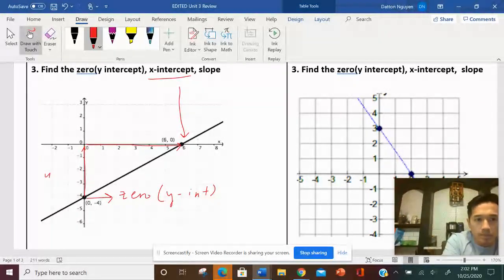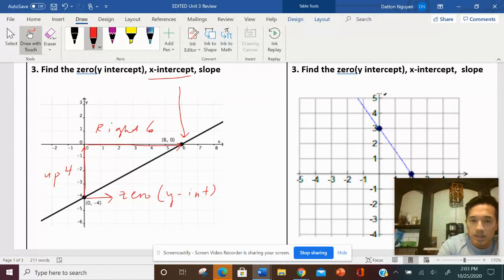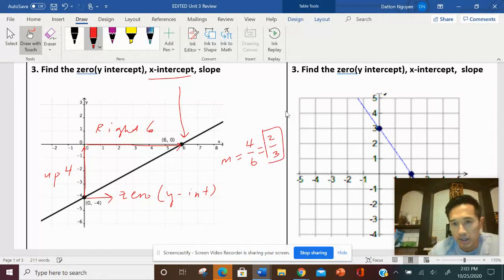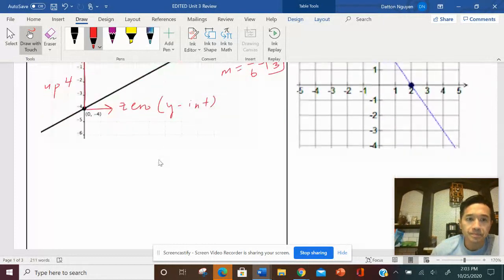So up 4 and right 6. That's because the rate of change is going up. So my slope is going to be 4 over 6, which reduces to 2 over 3. Okay, I can divide the numerator and the denominator by 2 to reduce it to 2 over 3.